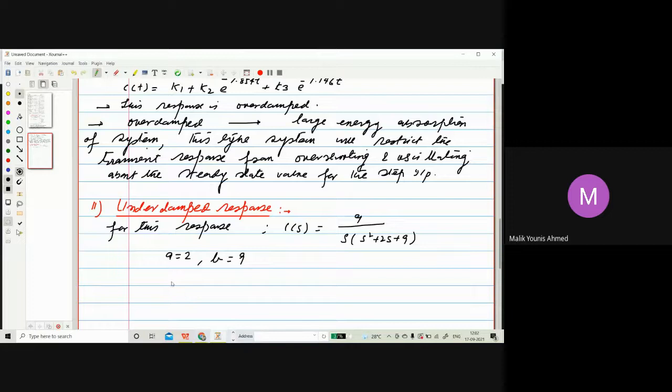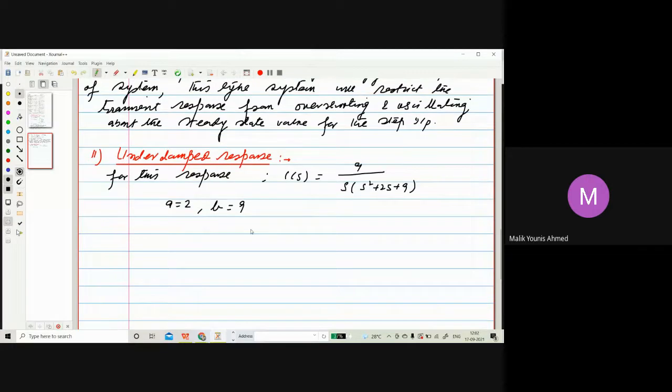Now again we are using the step input. In this case, we set S square plus 2S plus 9 equal to 0, and again we use the quadratic equation: minus 2 plus or minus the square root of b square minus 4ac, that is 36, divided by 2a, that is 2. So s1,2 will become minus 2 plus or minus the square root of minus 32.